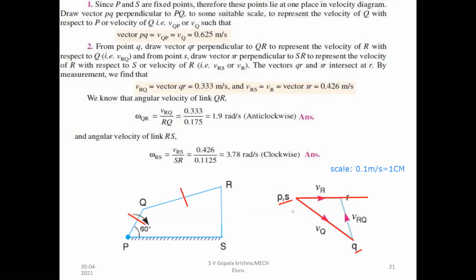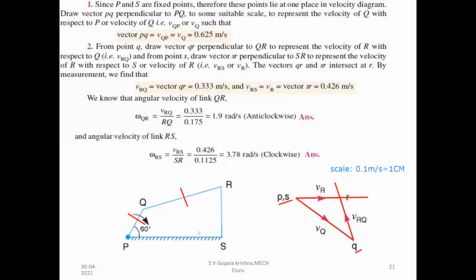Because when we draw our velocity vector diagram, you just have to take the perpendicularity of the links. So that is the perpendicularity of QR. You have to draw the perpendicularity.